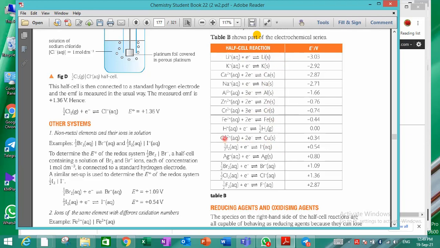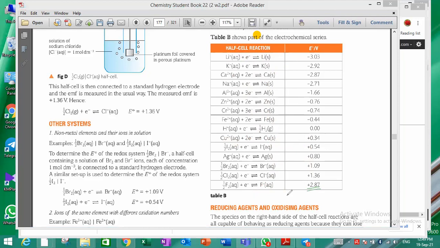And if we look at these elements below the hydrogen, we find that the values are positive, and the positive value increases as we go down in this series, which means that the species that will have the greatest positive value is that of the fluoride ion. It means that fluorine would like to gain electrons to form the fluoride ion.